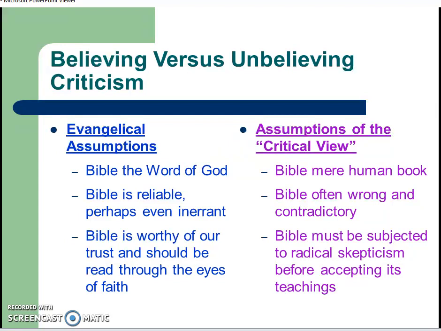There's a supernatural element to it. Those that hold to the critical view will often see errors in the Bible and find contradictions in the Bible. And those that do biblical criticism from the assumptions of the critical view will subject the Bible to radical skepticism.